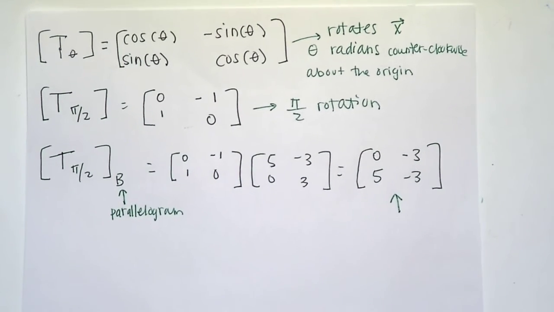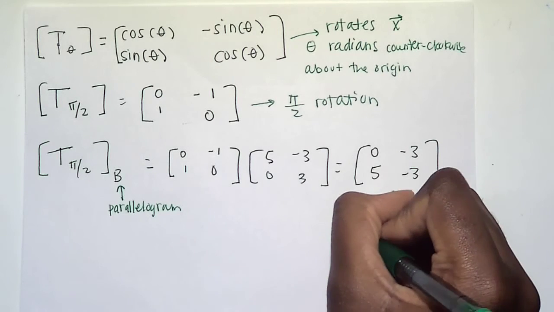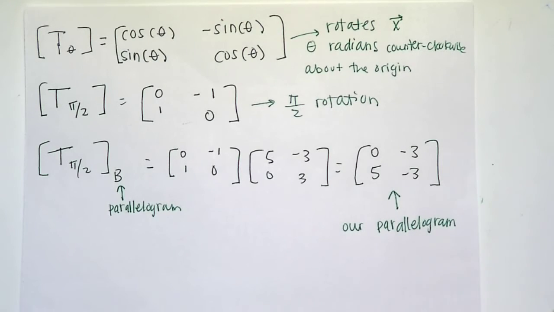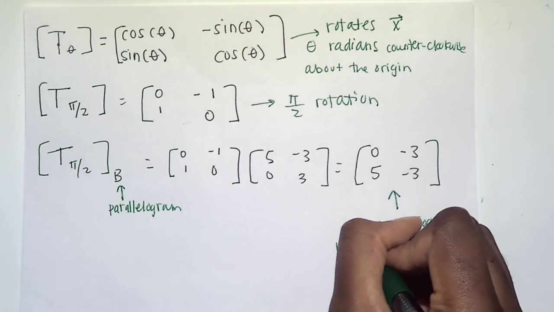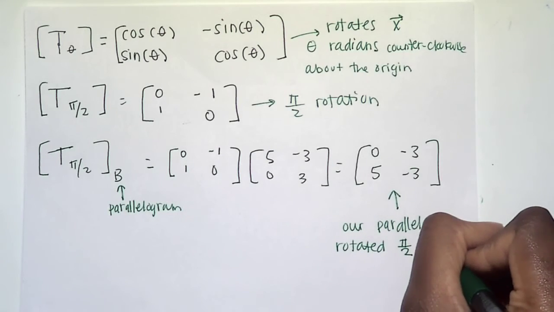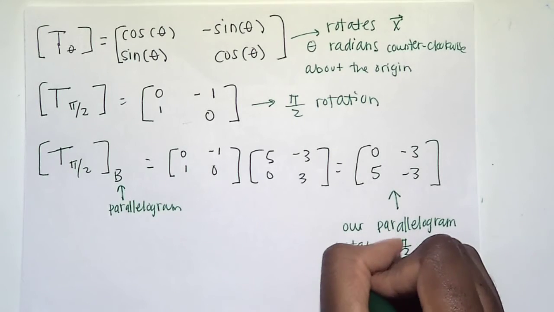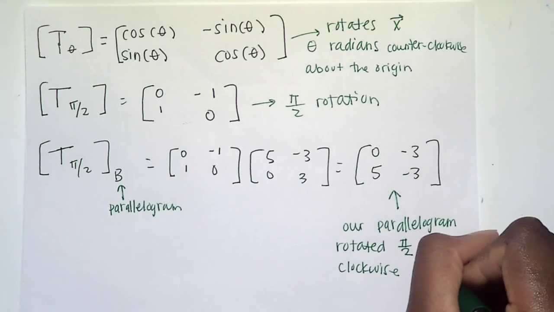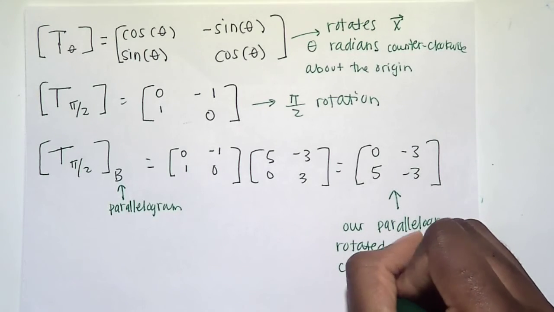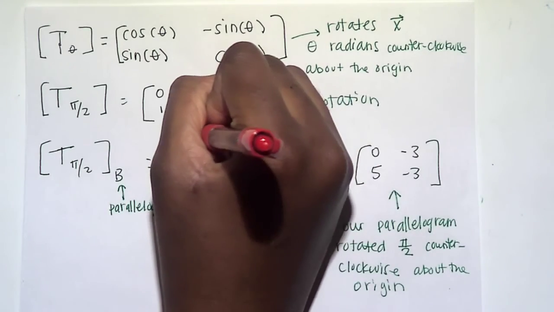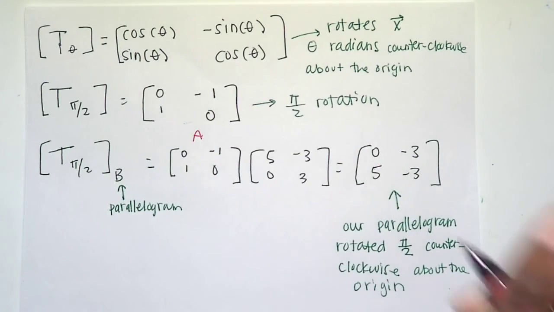All right, so this result is going to be our parallelogram after it's been rotated pi over 2 counterclockwise about the origin. All right, so this is our transformation matrix.